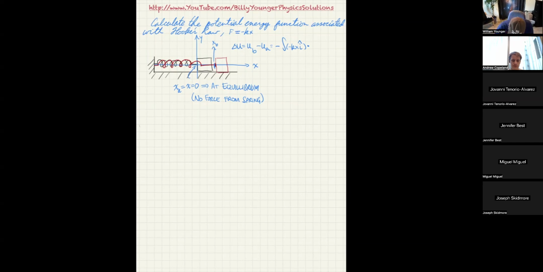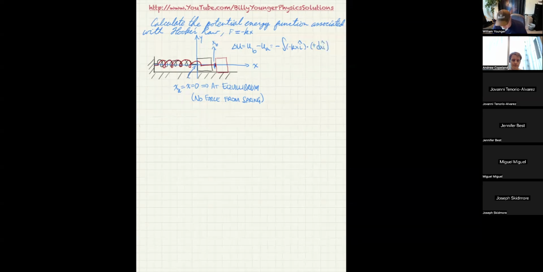So that's going to be in the positive x direction, or the positive i hat direction. So it's going to be positive dx i hat.